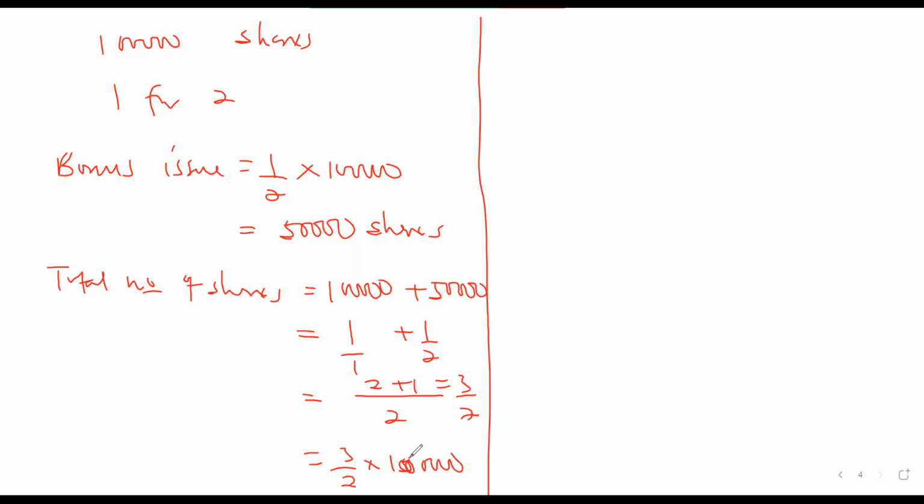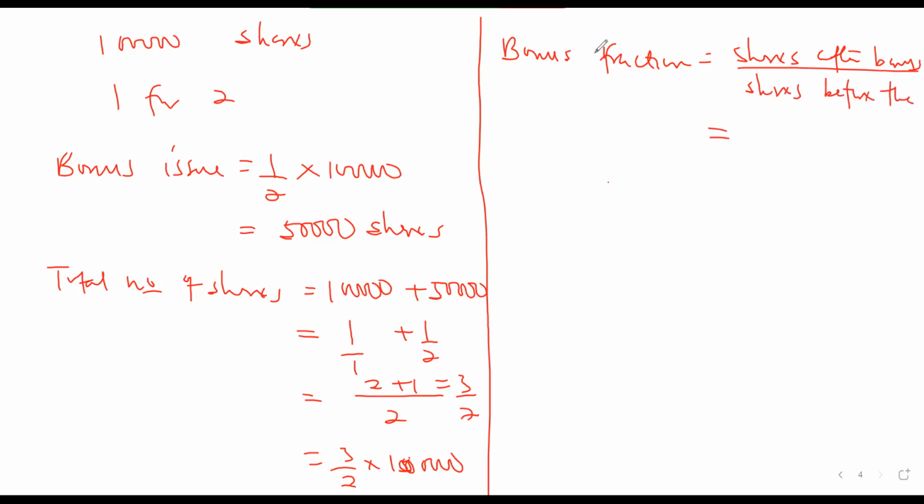How do we calculate the bonus fraction? A bonus issue fraction will be calculated as the shares after the bonus issue divided by the shares before the bonus issue.